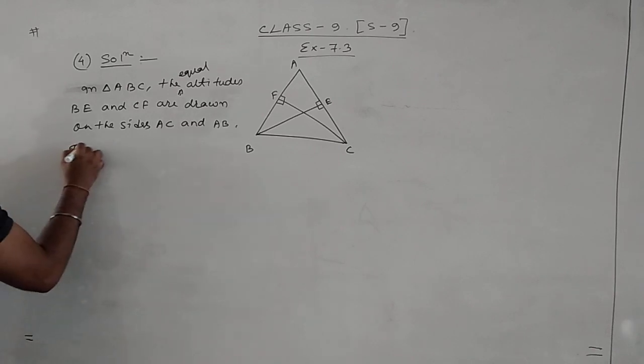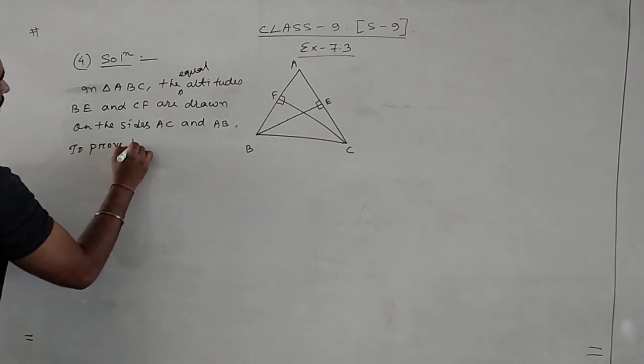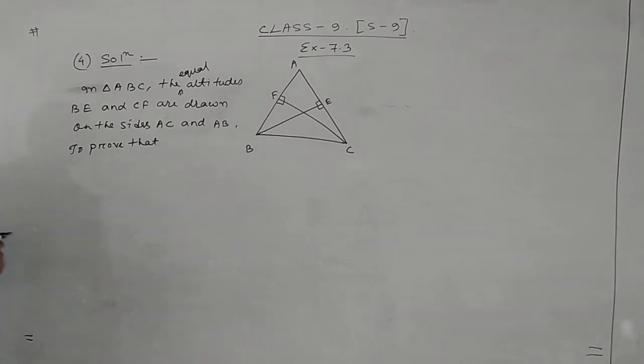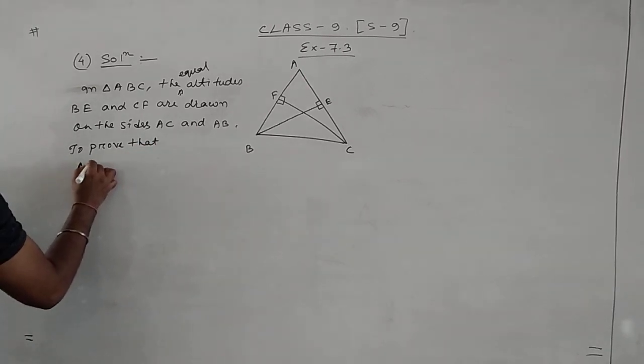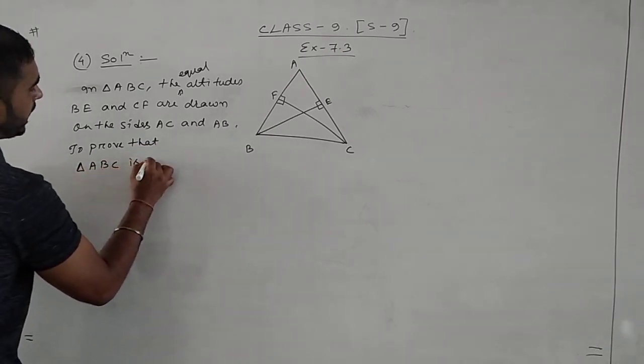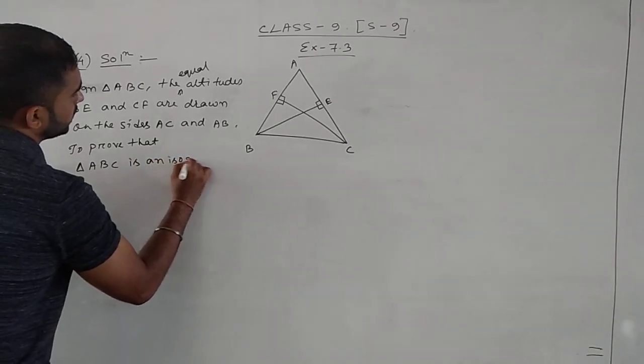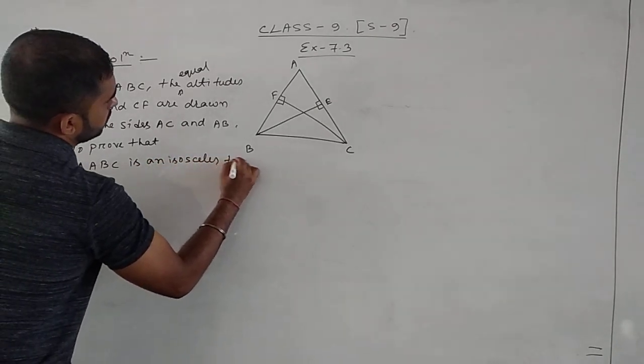To prove that triangle ABC is an isosceles triangle.